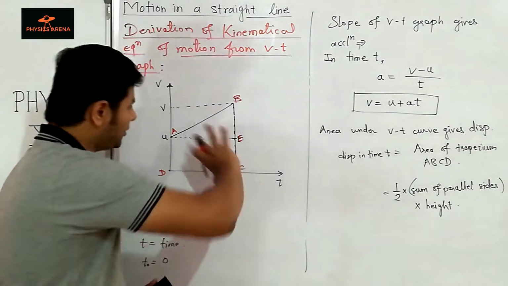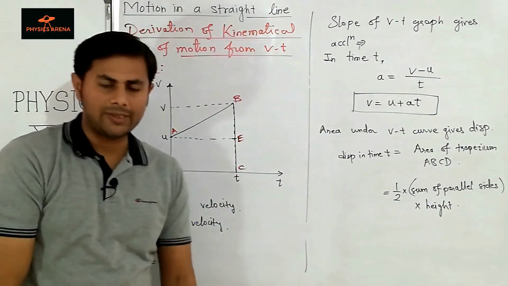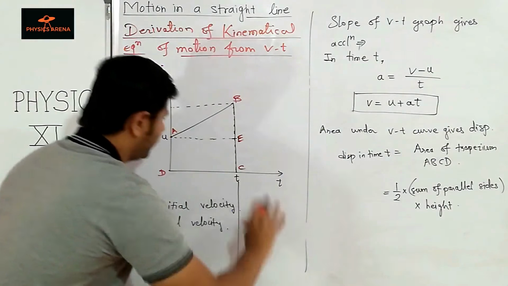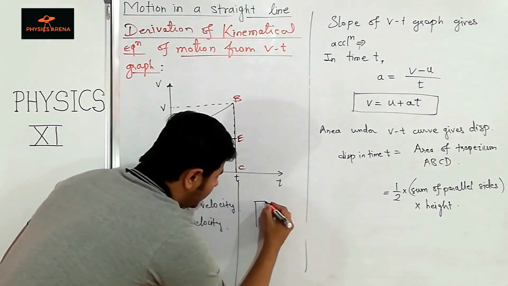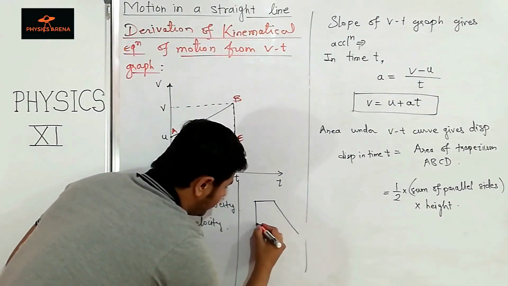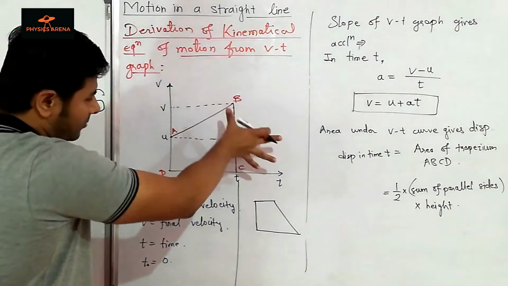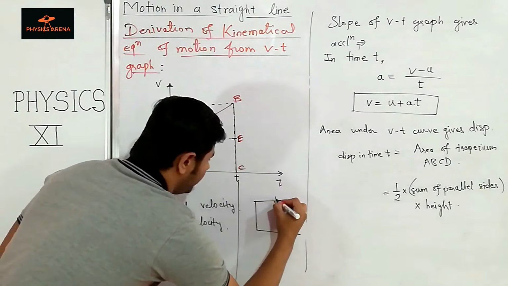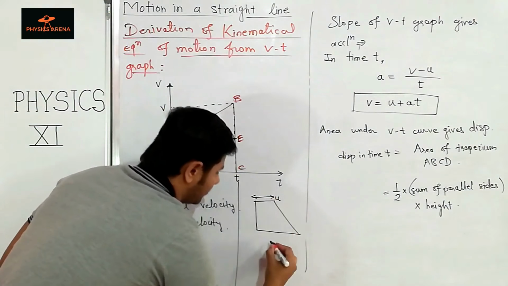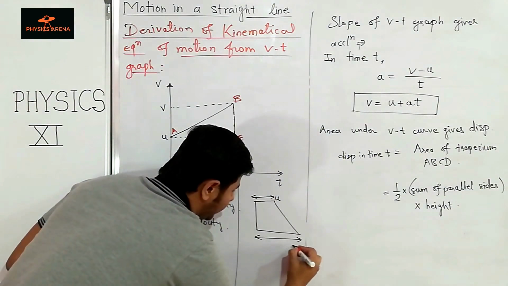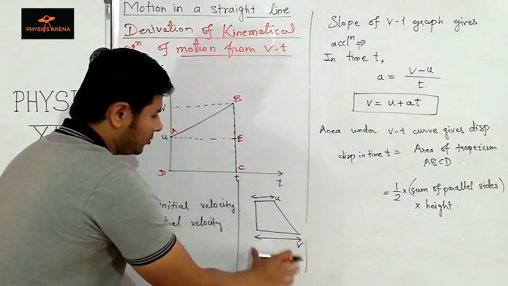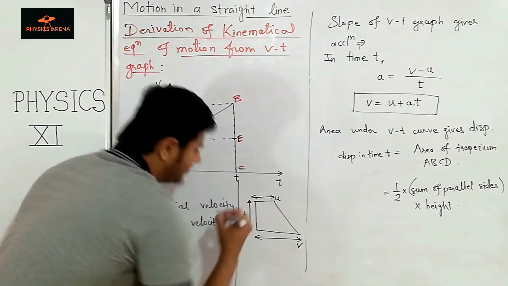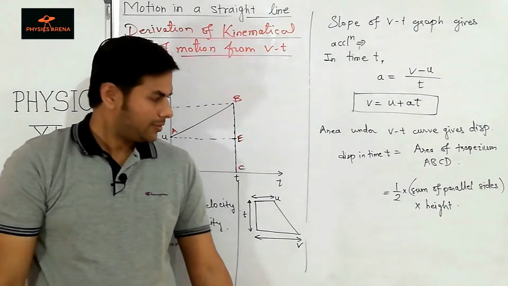Okay, so if I just tilt this trapezium by 90 degrees, it will look like this. Concentrate here. I have tilted it by 90 degrees. So this much is u, this much is v, and these two are the parallel sides, and this t is the height.